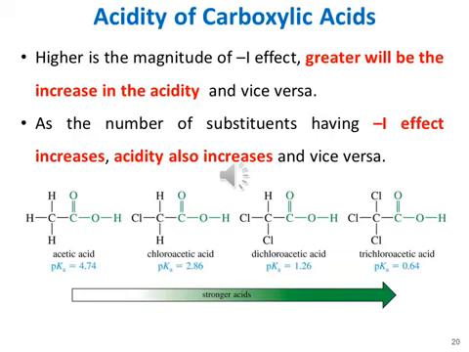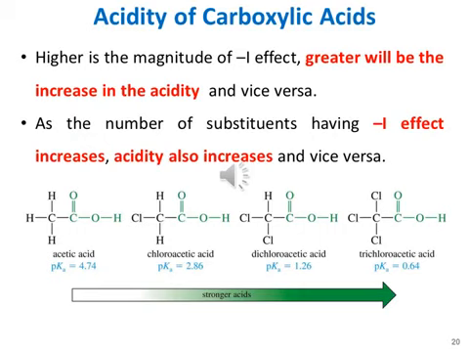The most acidic among these carboxylic acids is trichloroacetic acid, which has three chloro substituents that produce much more negative inductive effect, and hence they polarize the hydroxyl sigma bond, that is the bond between the oxygen and the hydrogen, and it is now more easily labile than in the case of acetic acid.